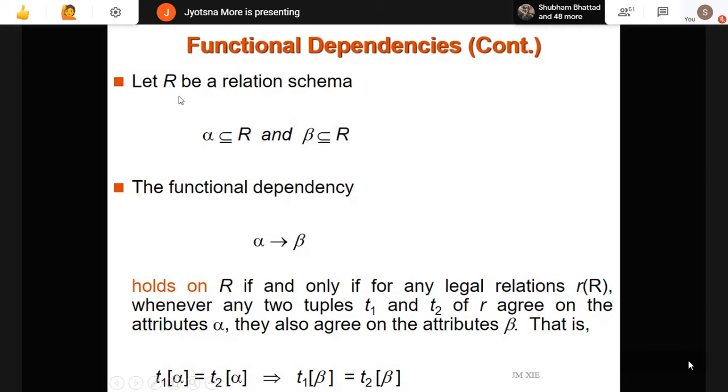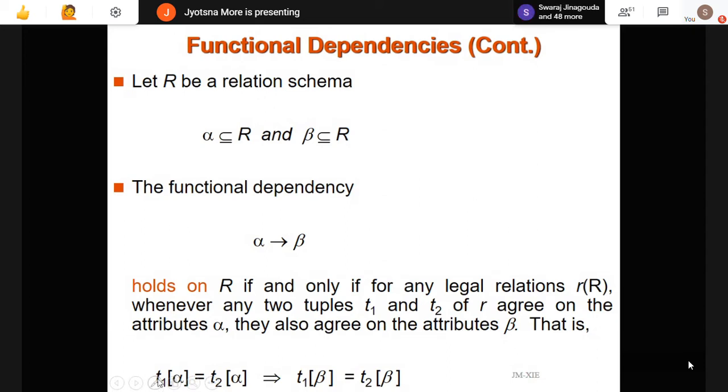You have to start from here: R will be one of the relation schemas where alpha is a subset of R and beta is a subset of R. The functional dependency alpha determines beta holds on R if and only if for any legal relation on R, any two tuples T1 and T2 of R that agree on the attribute alpha also agree on the attribute beta.